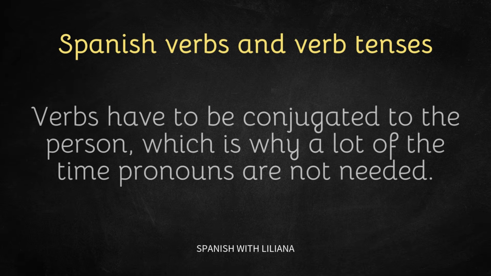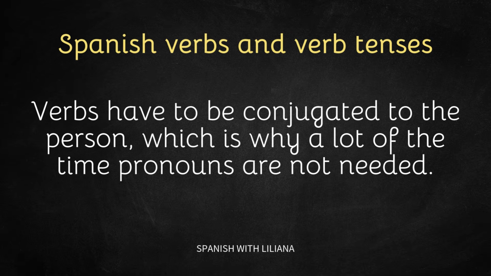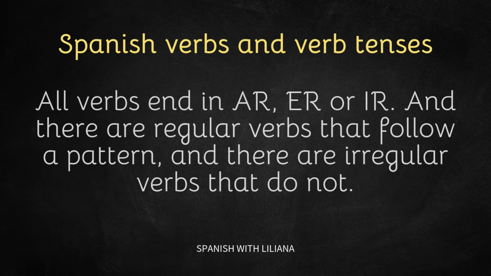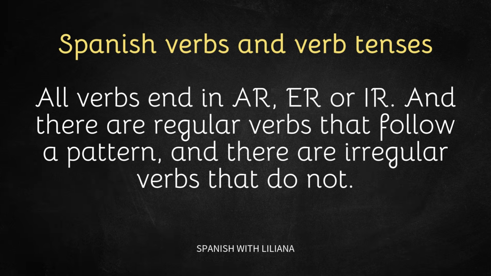All right, now that we have that out of the way, let's talk a little bit about Spanish verbs and verb tenses. This is a huge topic, and I already have a few videos about verb conjugation in Spanish. I will leave some links in the description to some of these videos. In Spanish, all verbs end in AR, ER, or IR.